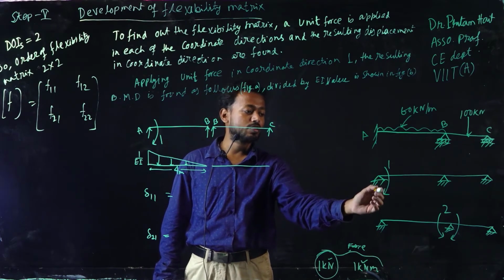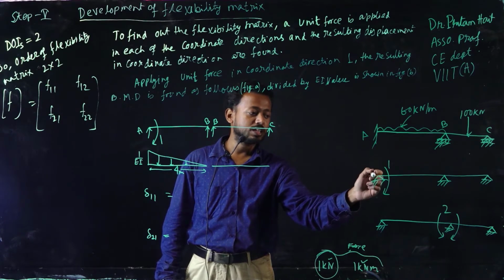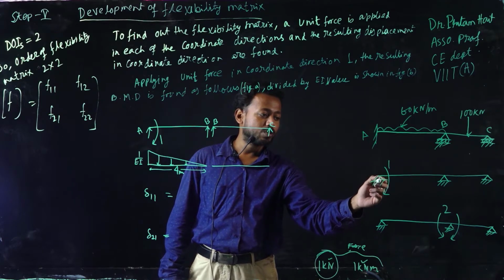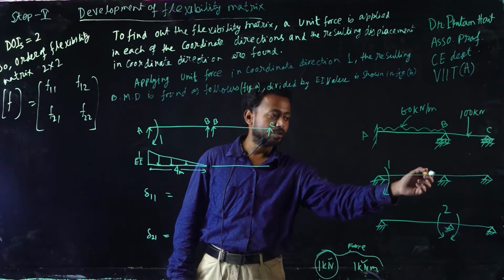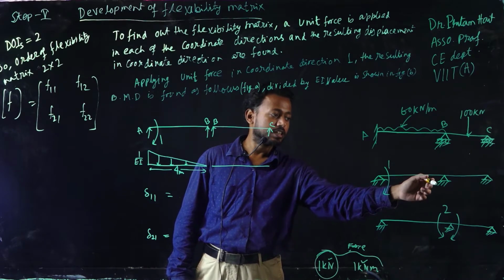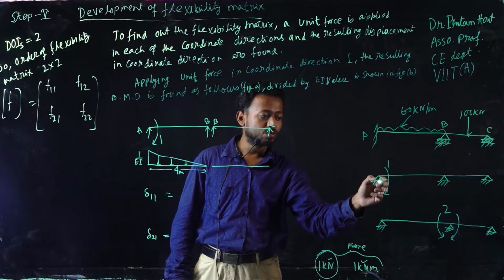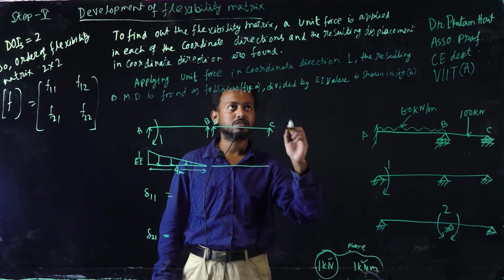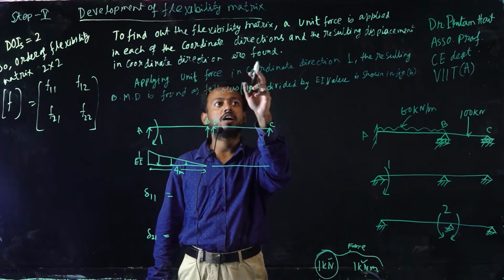That means in one coordinate direction we will apply unit force, and we will see the reaction at one coordinate direction and two coordinate direction. Again we will apply unit force in two coordinate direction. Then also we will observe what is the reaction at one coordinate direction and two coordinate direction separately, and the resulting displacements in coordinate directions are found.